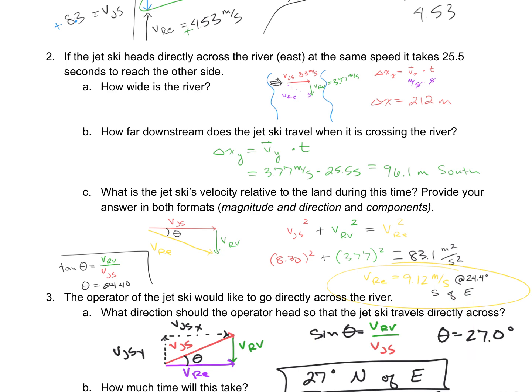Or you could say that the velocity has a horizontal magnitude of 8.3 meters per second east and a vertical velocity magnitude of 3.77 meters per second, and then the direction is to the south. So that's it. We can break this resultant vector into these two components, 8.3 meters east and 3.77 meters south. Or you can say the overall magnitude at a certain direction.